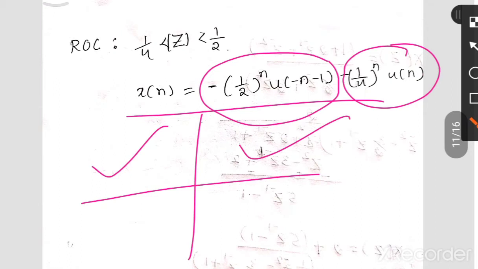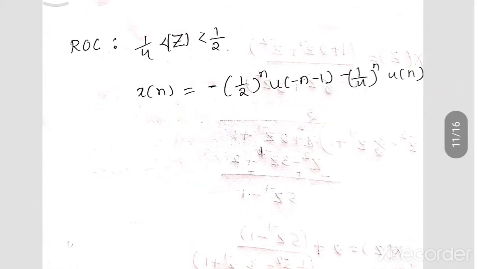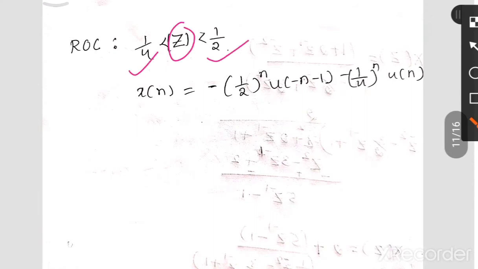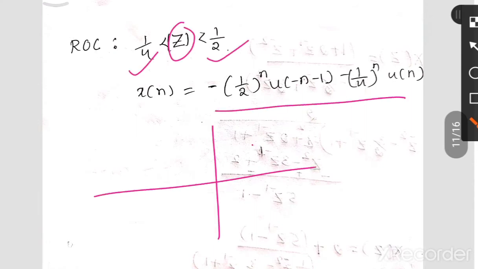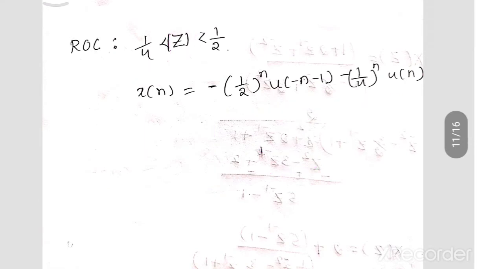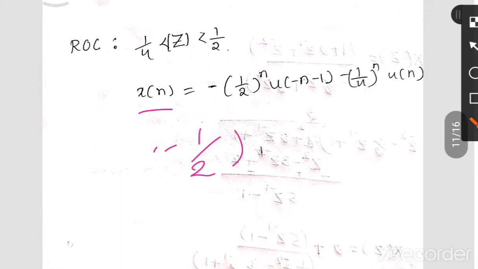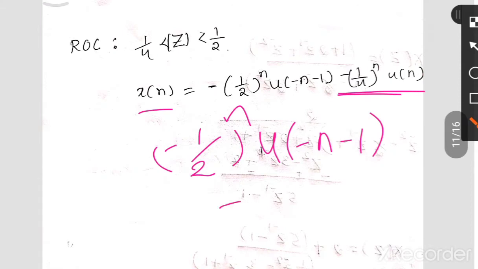Since the ROC is between this value and this value, both signals must be present. Therefore, your x of n will be equal to minus 1 by 2 raised to n into u of minus n minus 1, and the other signal on the positive side, which is anyhow minus, so minus 1 by 4 raised to n into u of n.